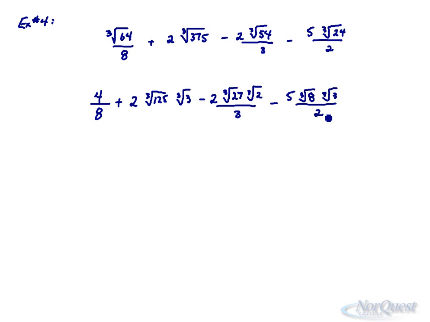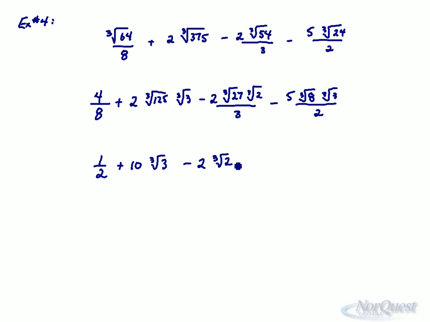So it looks very complicated, but remember, we're going to simplify this as we go. 4/8 can be written as 1/2. Cube root of 125 is 5 times 2 will give you 10 cube root 3. Cube root of 27 is 3 times 2 will give you 6 divided by 3 to give you minus 2 cube root 2.